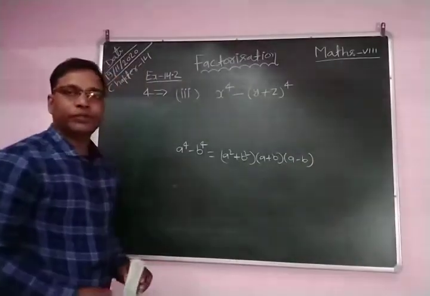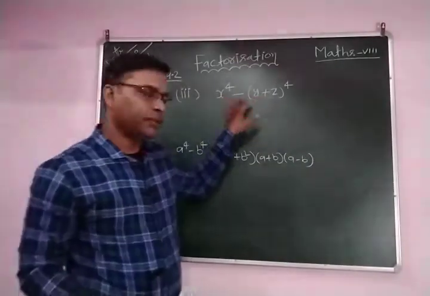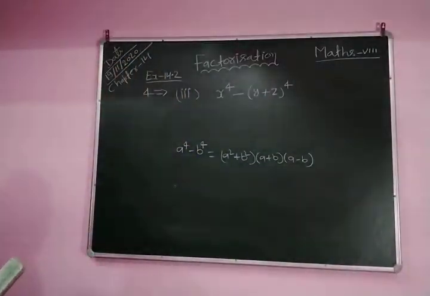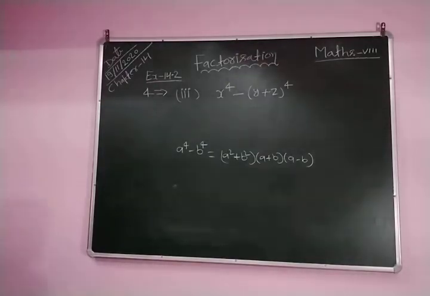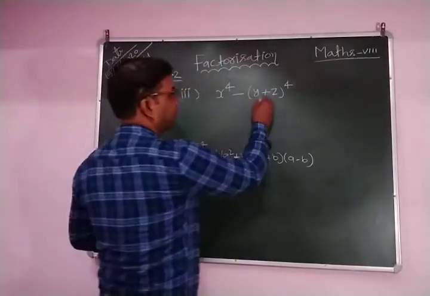So we use this formula to find the factors of these parts. Because here you can see this is a part of y plus z. So here we take y plus z is equal to t.